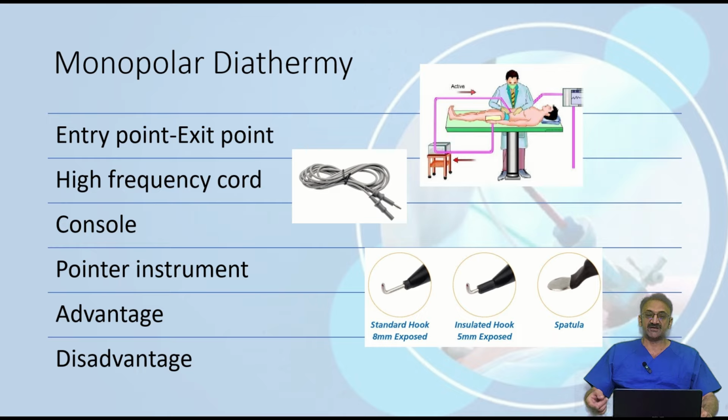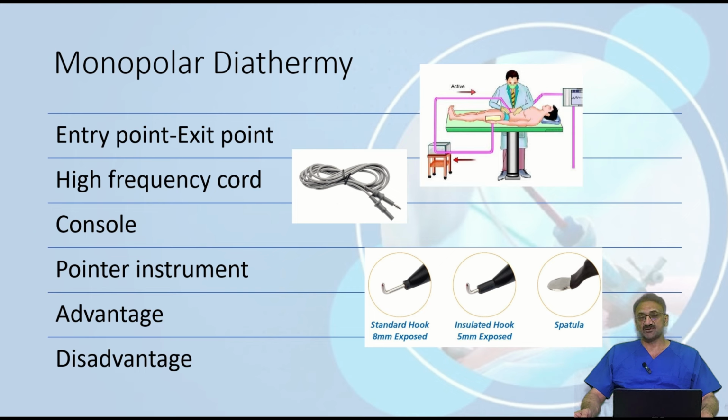So there is an entry point of the electrical current into the body, and then there is an exit point, which is the earth plate attached to the patient's body. In between, the current is used to coagulate or cut the tissue in the body.